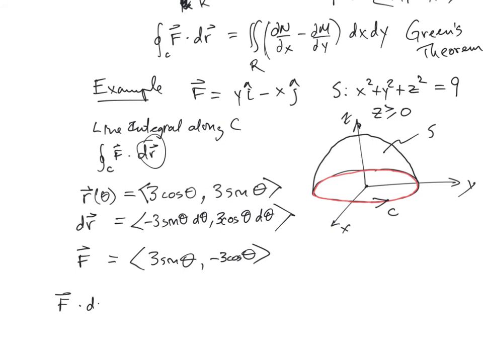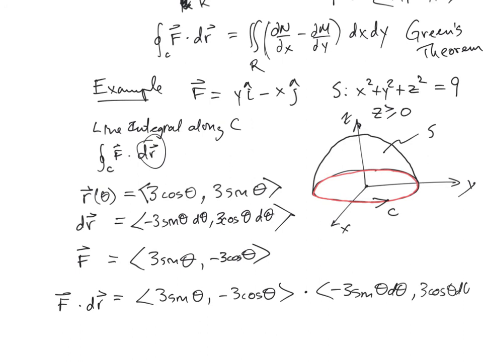Okay, well now I can just take the dot product. F dot dr is equal to (3 sine theta, minus 3 cos theta) dot dr, which is (negative 3 sine theta d theta, 3 cos theta d theta).